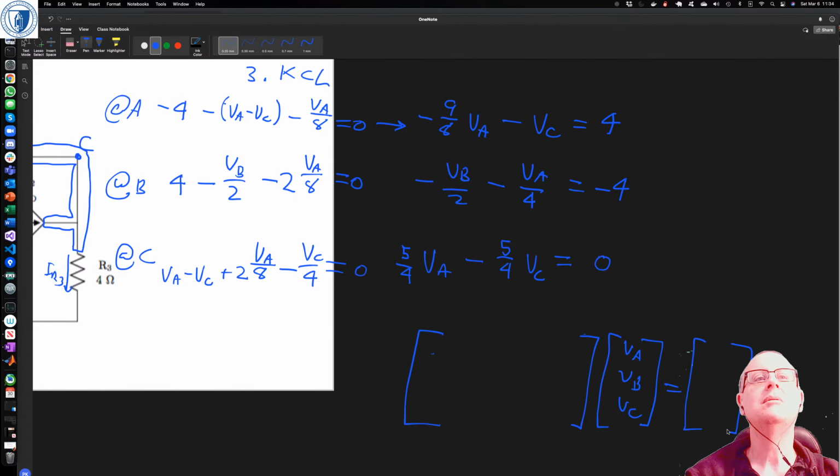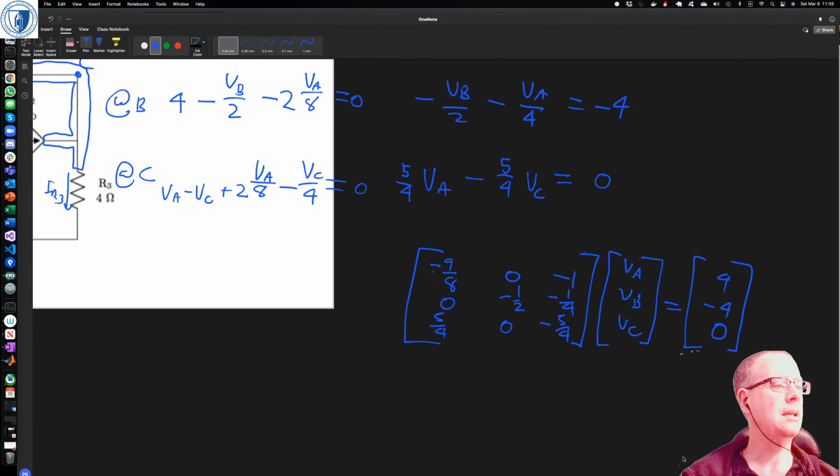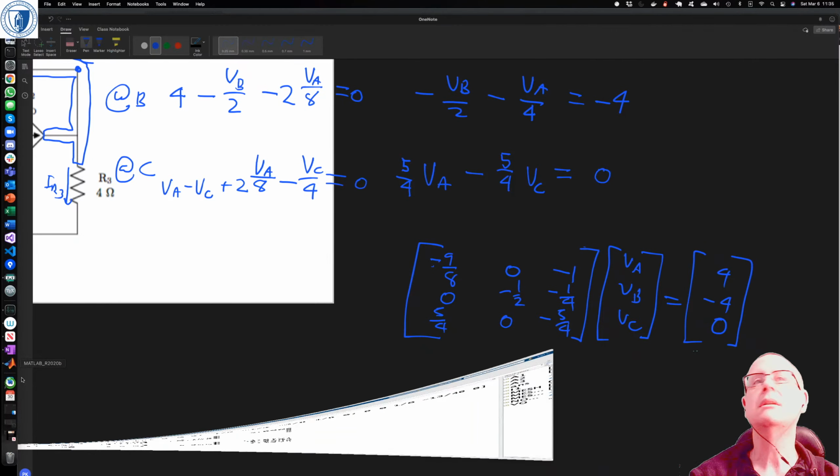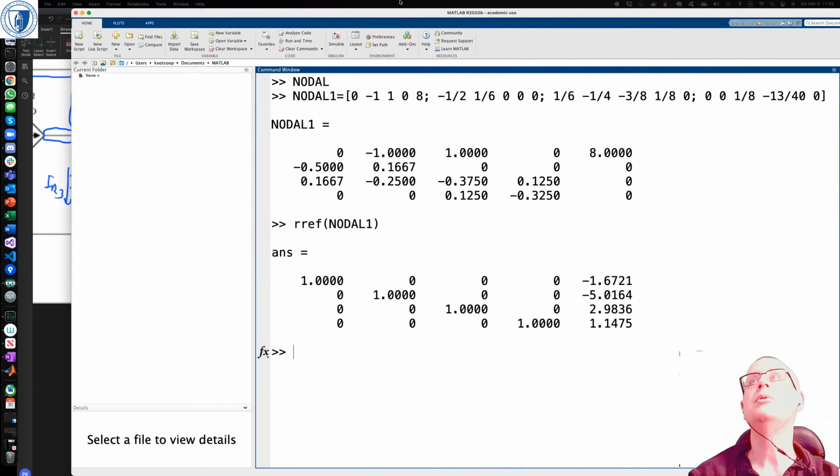So it's minus 9 on 8, 0, minus 1, 4, 0, minus a half, minus a quarter, minus 4, and then 5 on 4, 0, minus 5 on 4, and then a 0. Then I can plug that into Matlab. Hopefully we get a sensible answer. Let's move that over here.